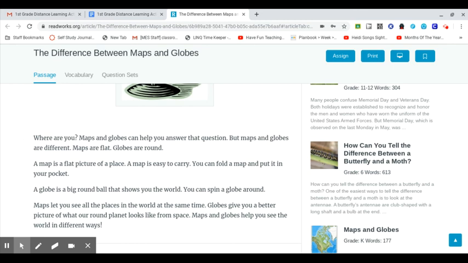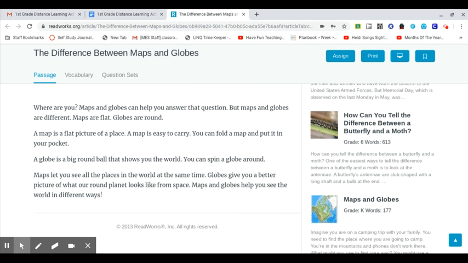Where are you? Maps and globes can help you answer that question. But maps and globes are different. Maps are flat, globes are round. A map is a flat picture of a place. A map is easy to carry. You can fold a map and put it in your pocket.